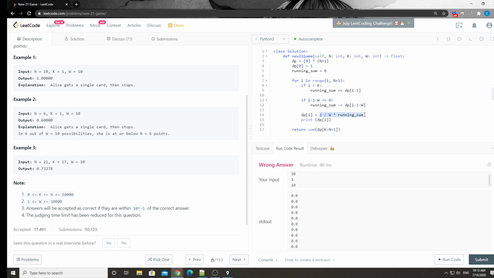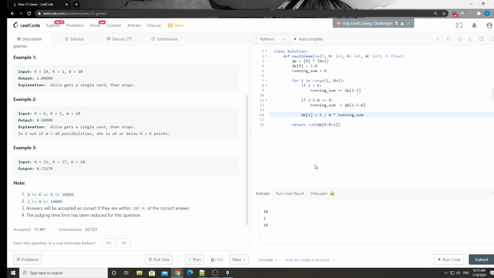In Python, it will assume you need an integer, and anything smaller than 1 will be treated as a 0. So I think we just need to do a 1.0 here, and then once the Python compiler says okay, the running sum is a double, a float type, it will give us the float type as well.